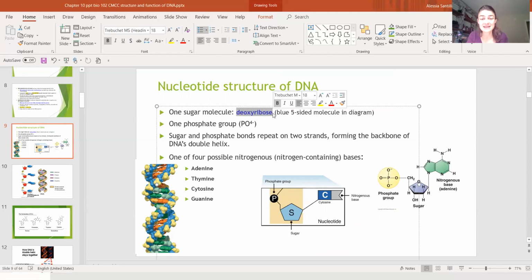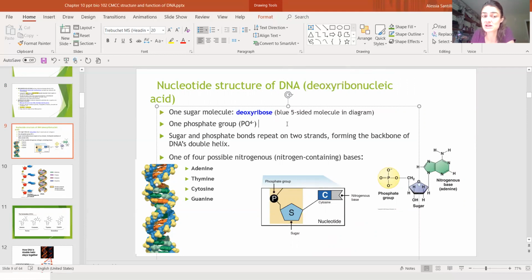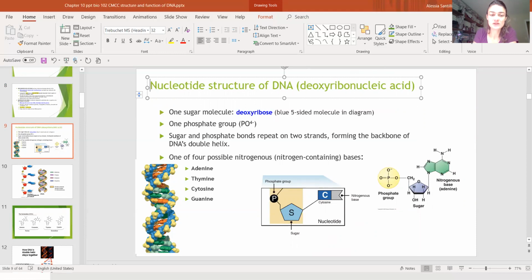Hence the name: remember, the name of DNA is deoxyribonucleic acid. It's called deoxyribo because the sugar in it is deoxyribose. Hopefully that shouldn't be too difficult for you to remember. So deoxyribose is the sugar.